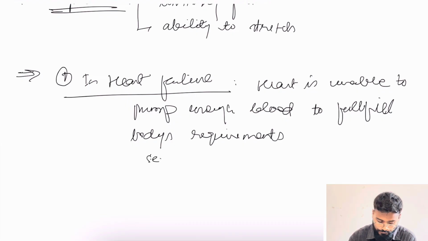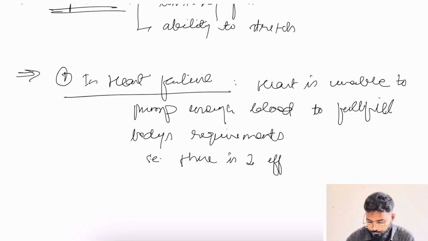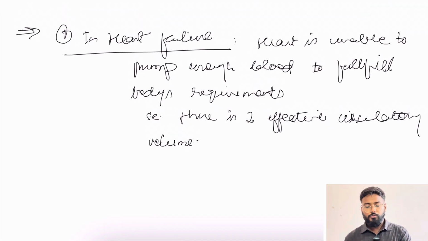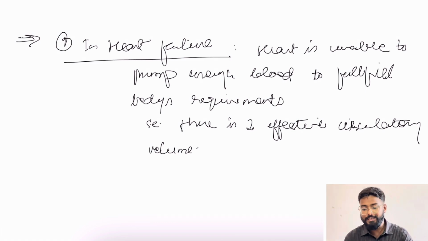That is, there is decreased effective circulatory volume. So as there is decreased effective circulatory volume, your kidneys, which are the major regulator of your body volume, like the fluid inside your body and the volume of it, are going to get less blood supply.